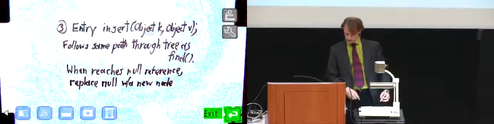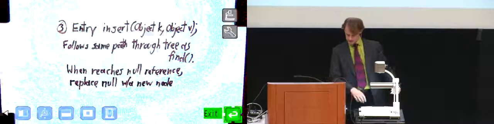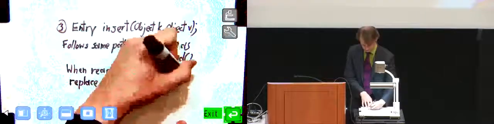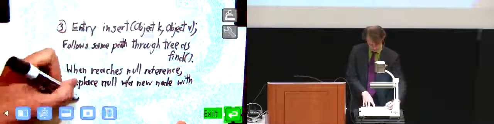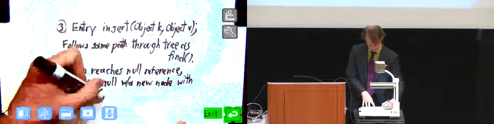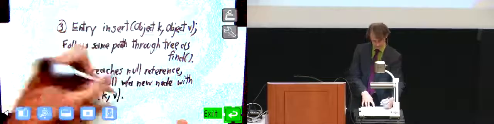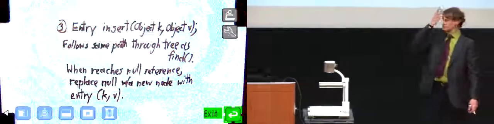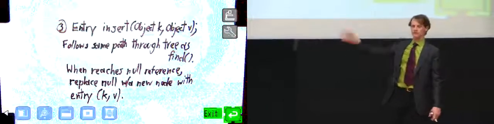And that new node contains the entry, we write this kv, the entry with key k and value v.